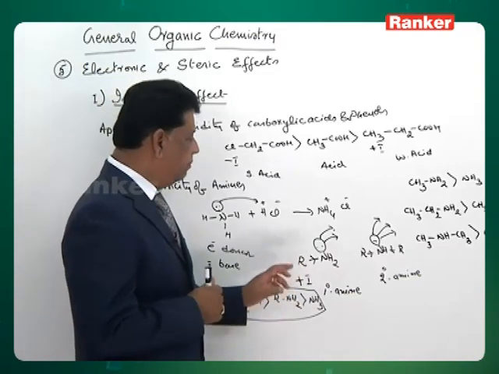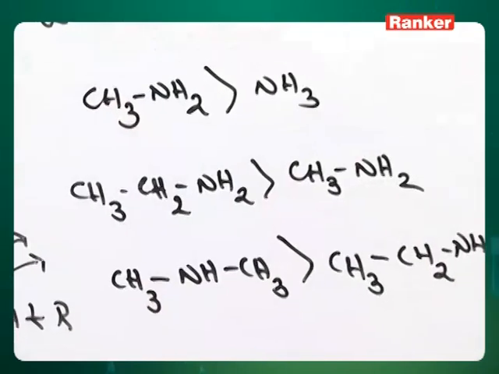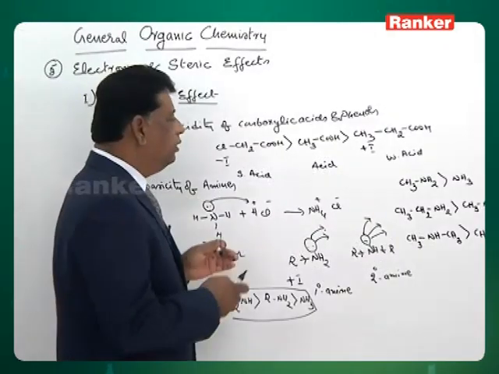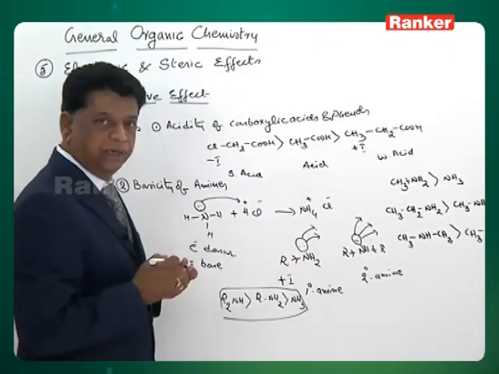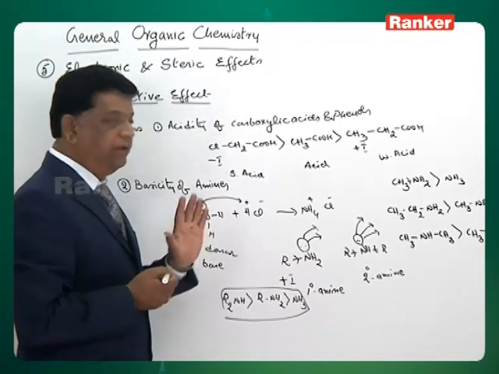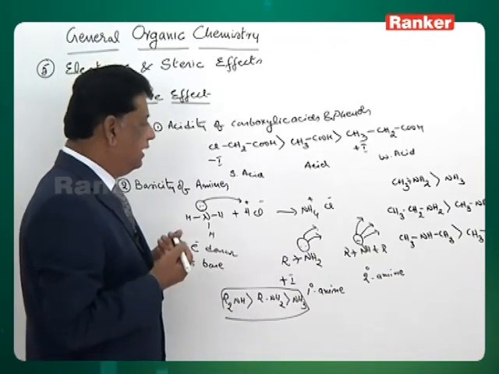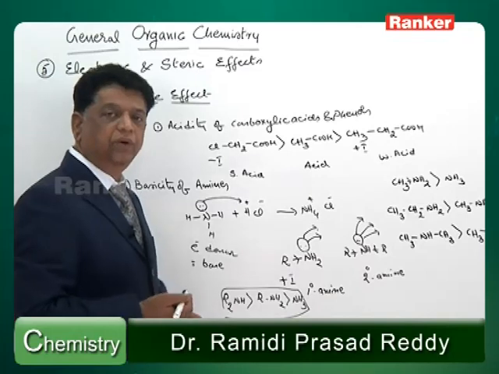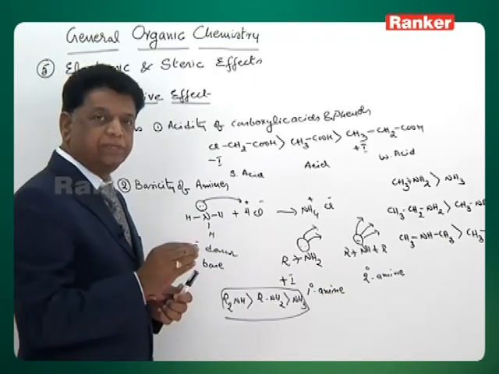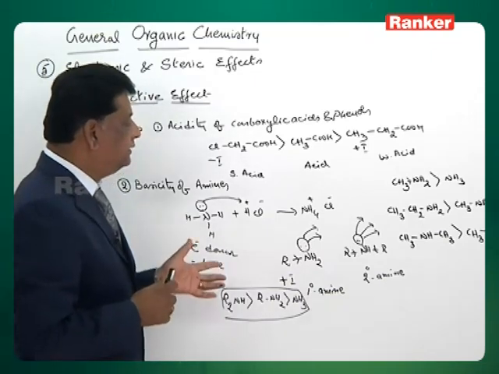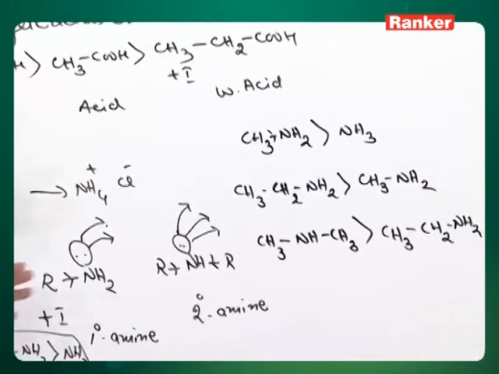Specifically in this example also, in methylamine, the methyl carbon is attached to nitrogen, which is more electronegative, so it is withdrawing. The alkyl group's small electron density is shifted toward the nitrogen. It is not total electrons. If the electrons are given away fully, the bond opens and you get a cation and anion. But in the inductive effect, you do not find the shift of 2 electrons. It is a small electron density shift, which makes a delta plus and delta minus, resulting in differences in reactivities and stabilities. That is what we are explaining here.